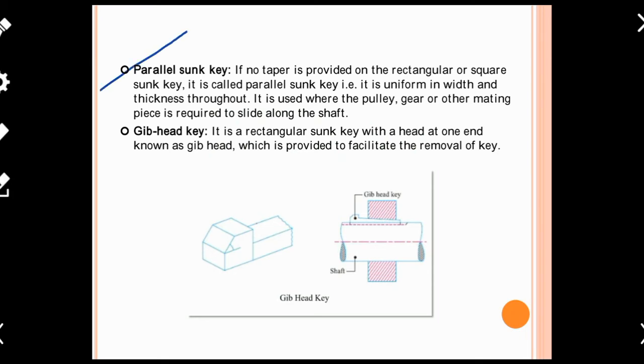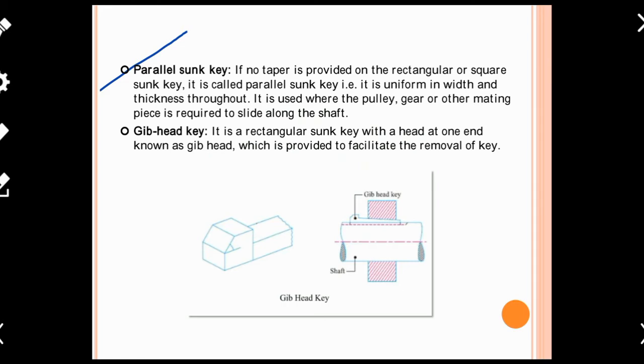Then after, there is one more type of sunk key, and that is the parallel sunk key. In the previous types of sunk key, the rectangular and square sunk key, one thing was common in both types of key, and that is that the top surface of the key was given a little bit of taper. But if you find that in some cases the top surface of a key is not given a taper and the top surface is flat and straight, then definitely it will be a parallel sunk key.